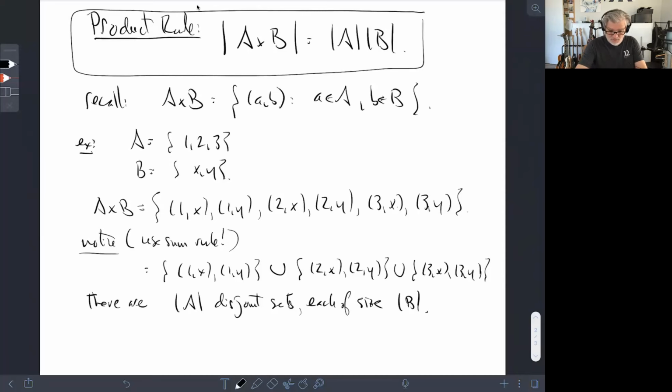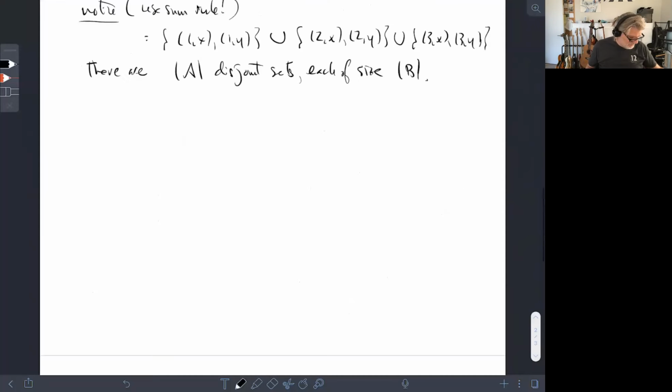Okay, let's do some examples. Some easy, some not so easy. Here's our first example, which is, I think, easy.